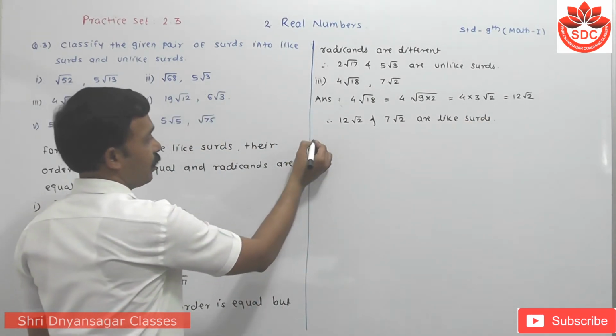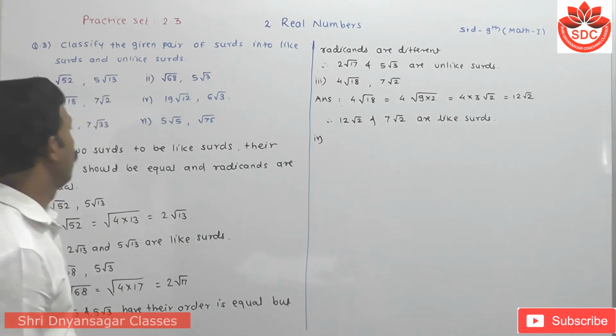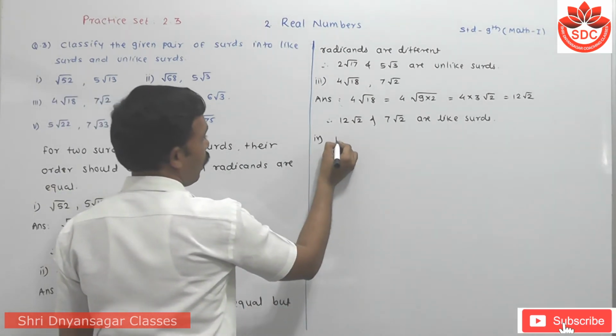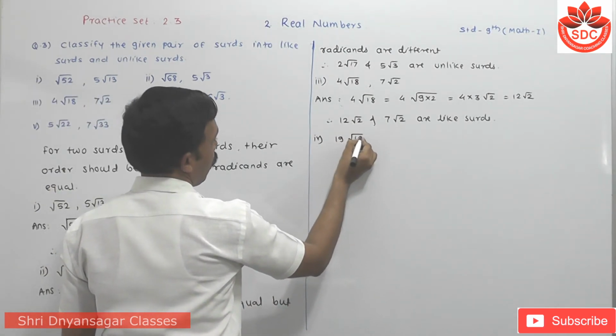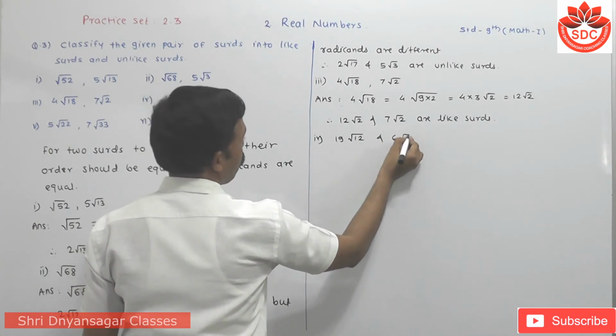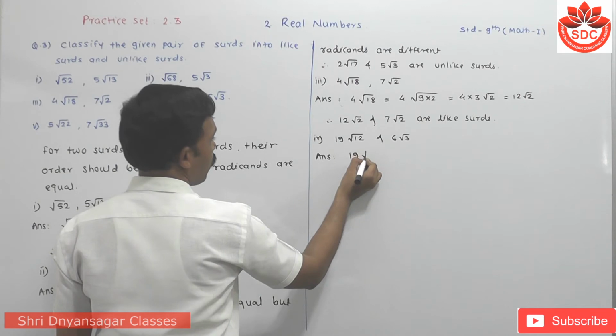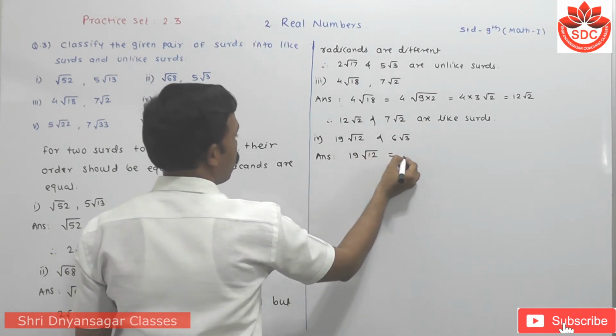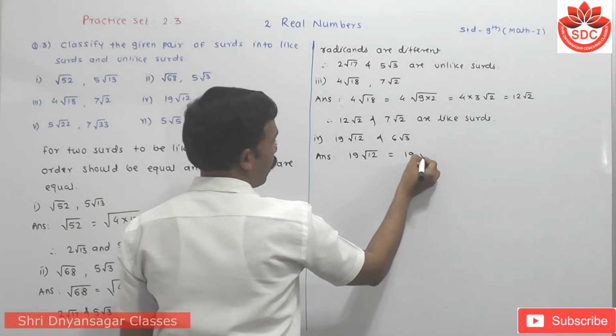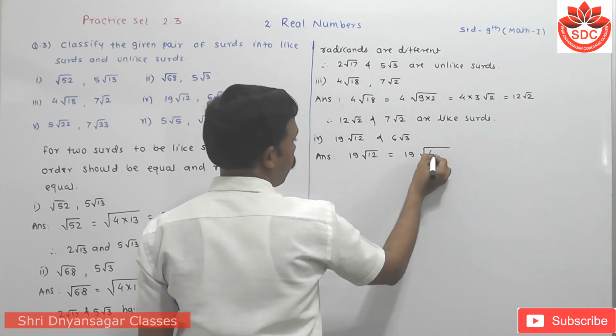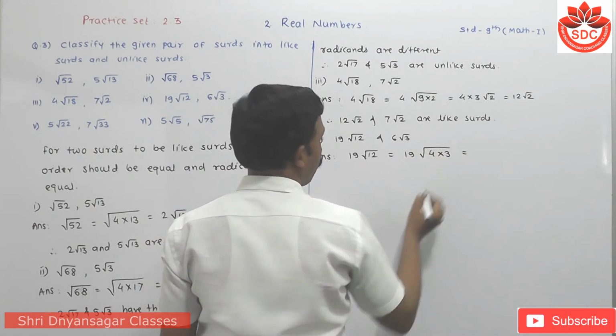Then next question. Sub question is 4: 19 root 12 and 6 root 3. Now student, we have to factorize this root of 12. So 19 into this is 4 into 3.